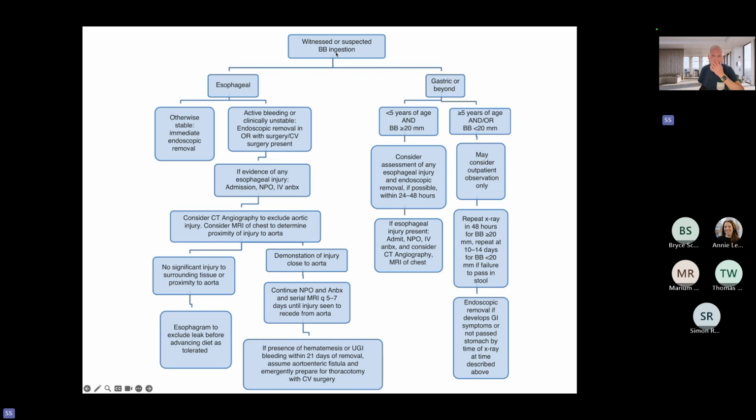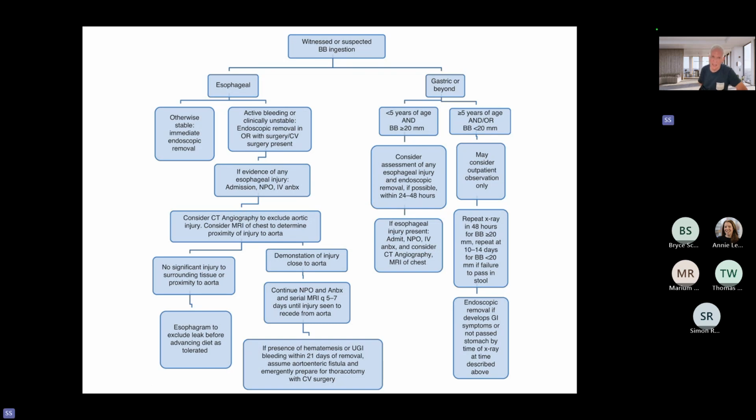Witnessed or suspected button battery ingestion. Esophageal: immediate endoscopic removal. Actively bleeding or a patient who's clinically unstable: endoscopic removal in the OR with surgery and cardiovascular surgery present.